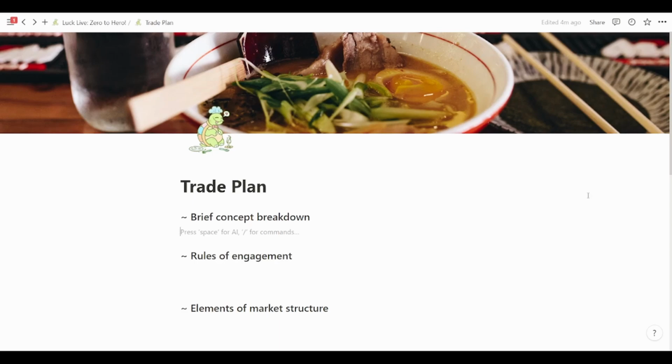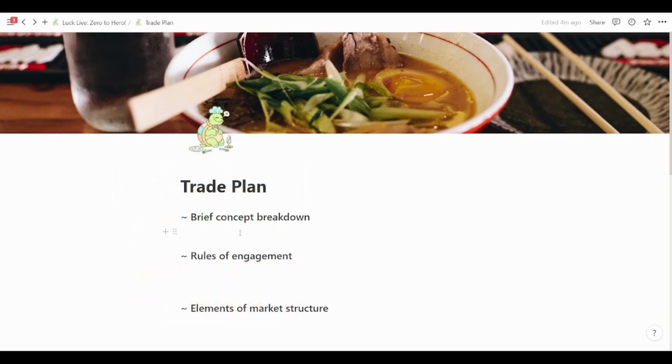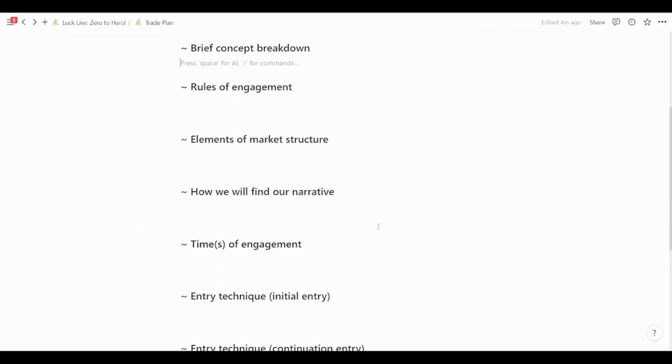Well, I will be using a part of them, generally, basically. But my entry technique is not going to be a market maker model. As you can probably see by this cover and this icon here, we're going to be trading turtle soups on this.